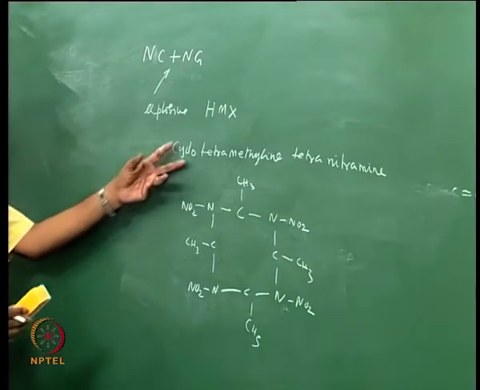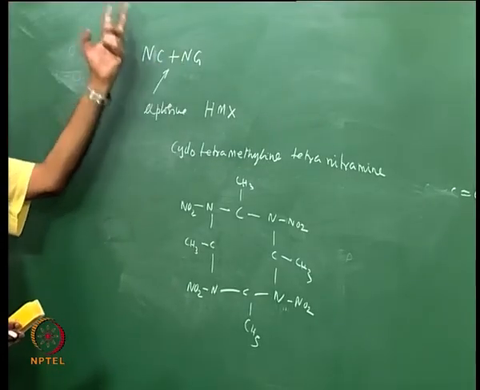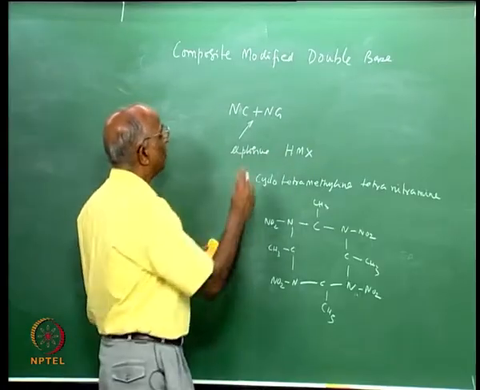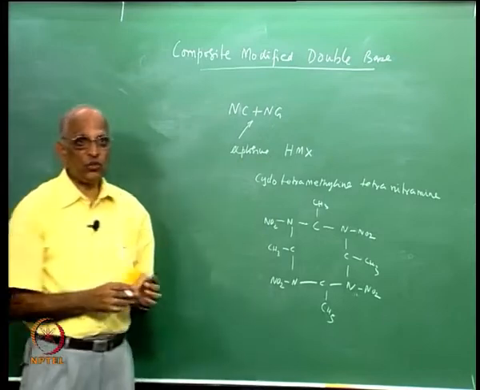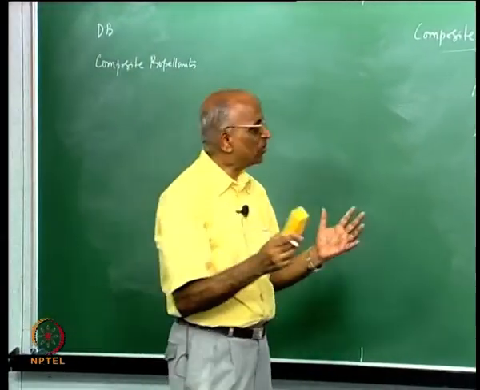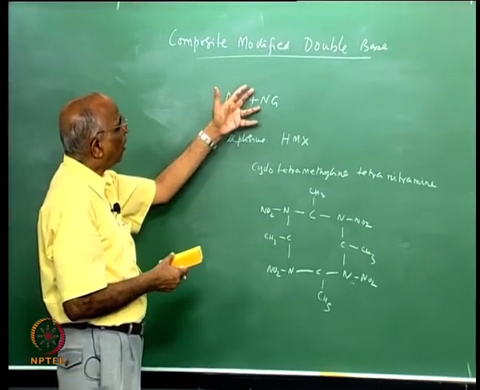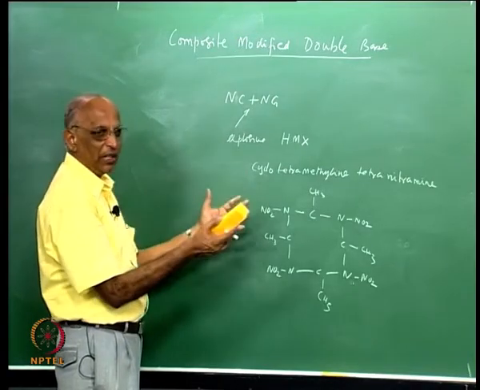All what you do is you add HMX to a small quantity of this, it becomes a composite of a double base and this particular HMX explosive, and this is known as composite modified double base propellant. It is used widely in the defense because they would like to have their missiles which are more energetic than double base propellant, or they would like to have properties of the propellant which can be readily formulated.